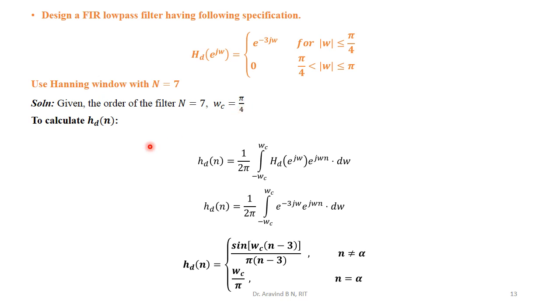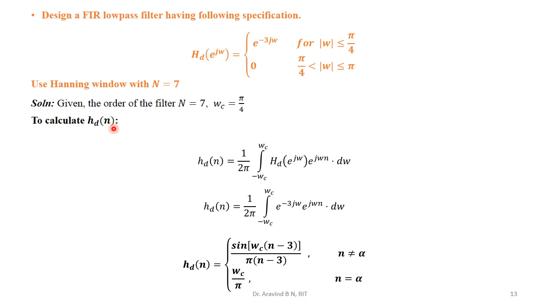We need to calculate HD of n, we need to calculate the window function W of n, and then the impulse response H of n we are going to calculate. And one thing I want to specify over here, the solution I am going to provide is a very concise solution, not a detailed solution. The calculation of HD of n has been solved in detail in the rectangular window.